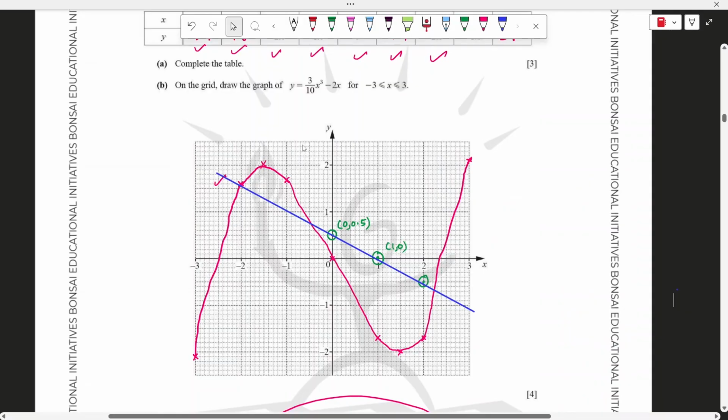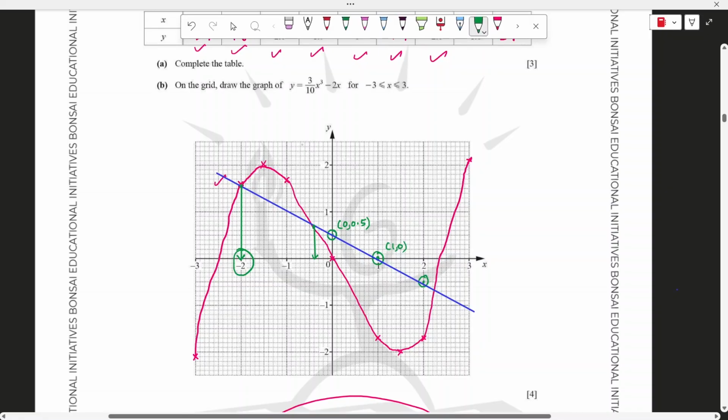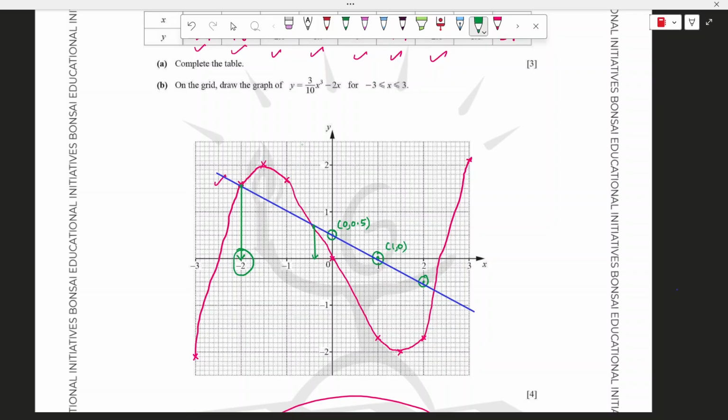Okay, the graph is intersecting at 3 different points. This is the first point, and let us go down. The value is minus 2, and the graph is intersecting approximately here. Then this is minus 0.4, the second value.